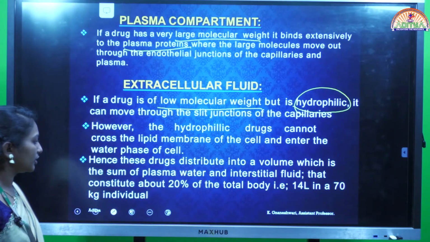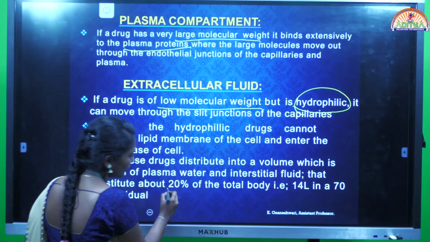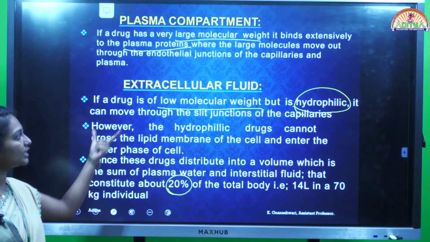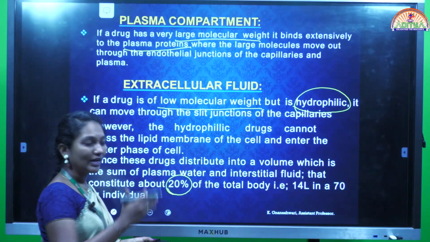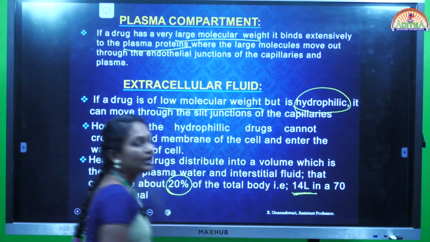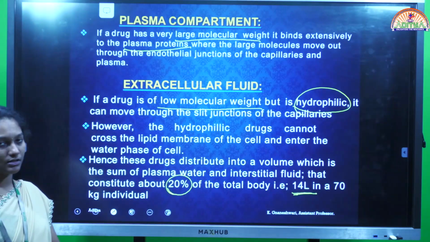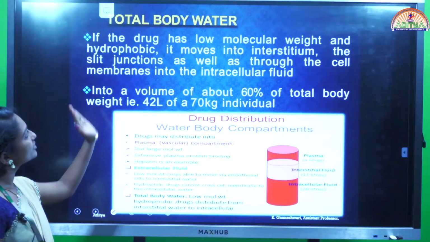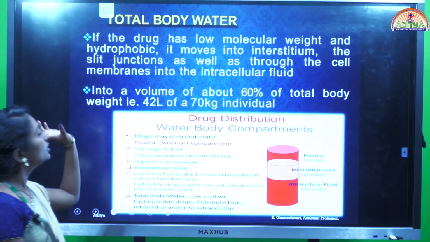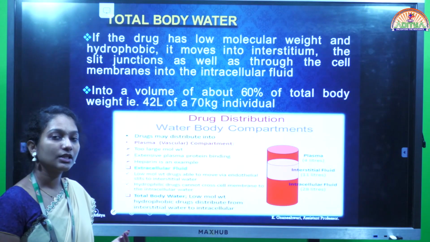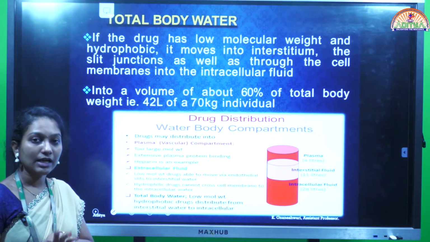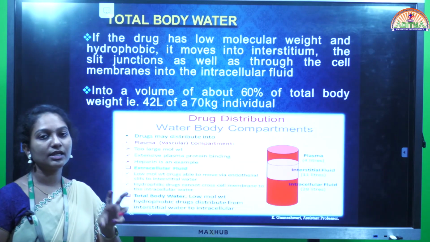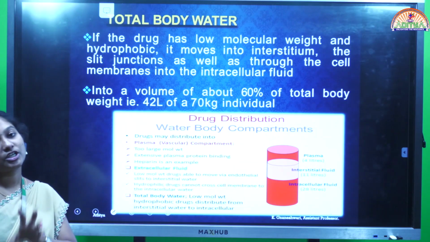This constitutes around 20% of the total body weight, where you can consider the extracellular fluid as 12 to 14 liters in an individual weighing about 70 kg. Now, comparing with the total body water: in the previous cases, plasma binds the larger molecules, and the extracellular fluid holds drugs of low molecular weight that are generally hydrophilic.